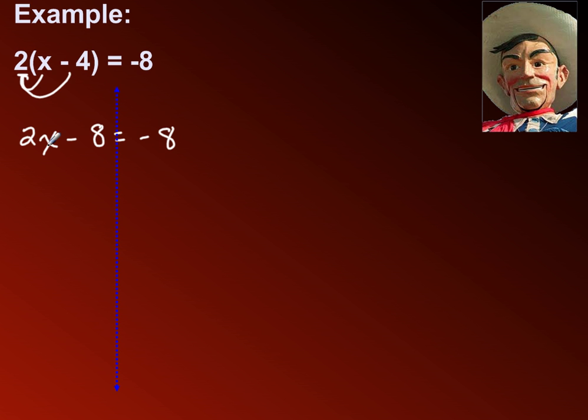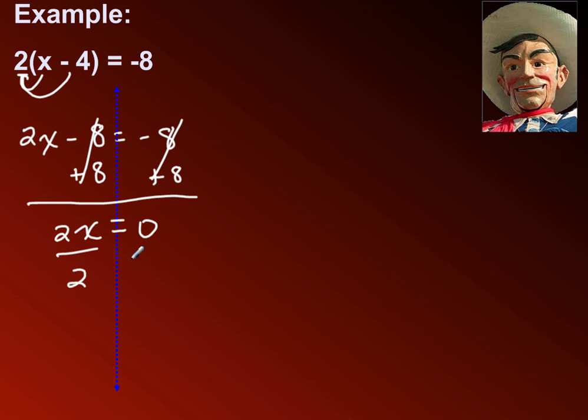So I don't want to get rid of this 2 yet, I just want to get rid of the negative 8. So I do the opposite of negative 8. I add 8 to both sides, I'm left with 0 equals 2x, because those cancel out and those cancel out. Divide by 2. X is 0.